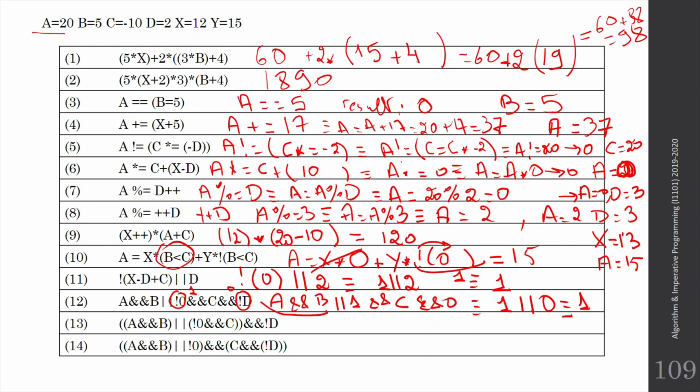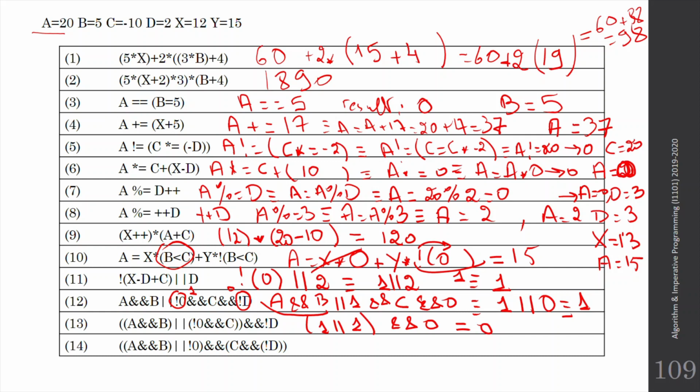So let's do the third thing. We have (A and B) between brackets, or not 0 and C, and not D. So we have used brackets here. So at the end we will have 1 or 1 and 0, which will lead to 0.